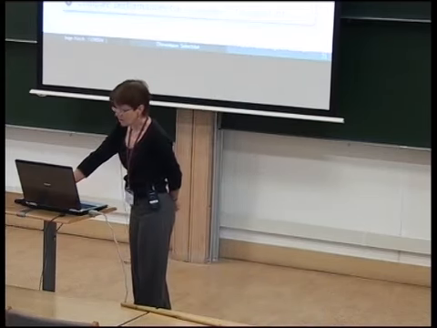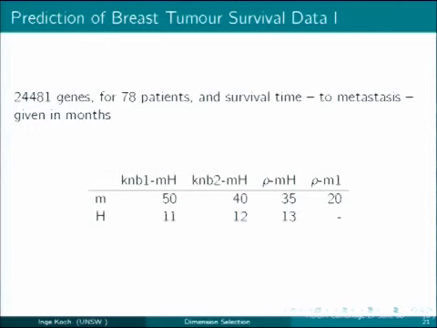And to show you how it actually works in practice, here is one example. This is a quite large breast tumor survival data example with nearly 25,000 genes and 78 observations. One of the reasons we like this example is because it has survival times, not only classification labels, but it actually has times to metastasis in this case, which are given in months.